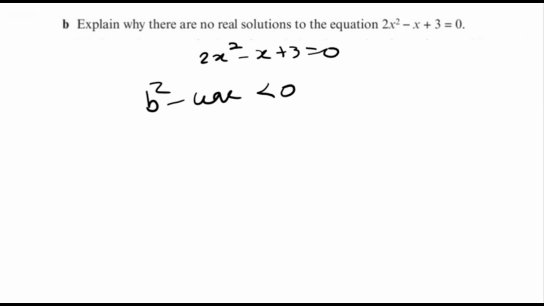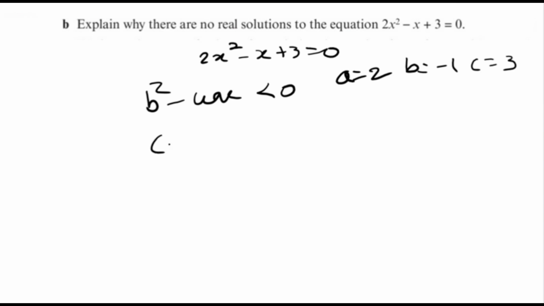We know this is our equation, which is 2x squared minus x plus 3 equal to 0. If we prove b squared minus 4ac is less than 0, then we can say there are no real solutions. So let's find the values: a is 2, b is minus 1 and c is 3.